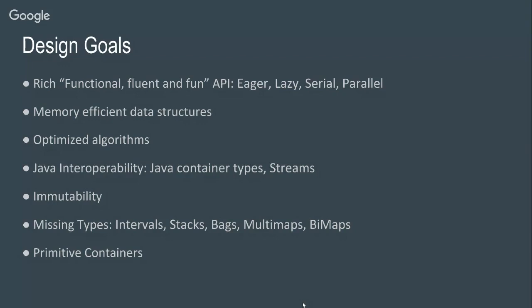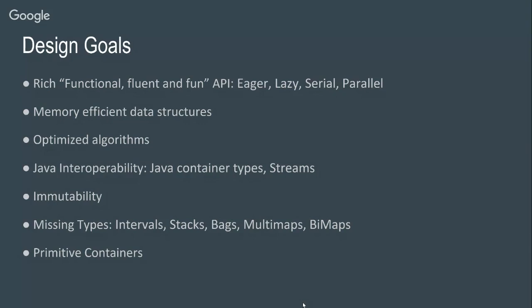JDK does have a stack, but that's not last in first out. That's actually first in first out because it extends Vector. Starting with JDK 6, you have to use the data structure called Deque to get the last in first out feature. However, the Eclipse collections stack is last in first out by default.